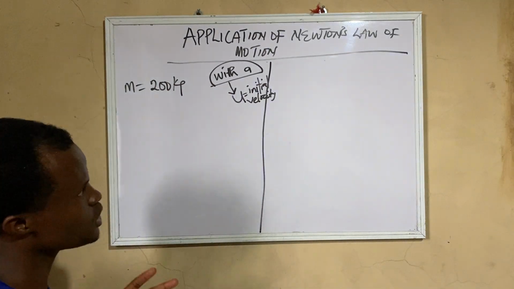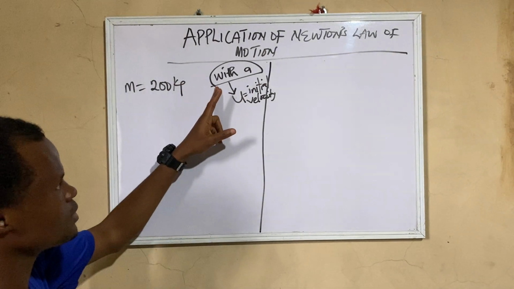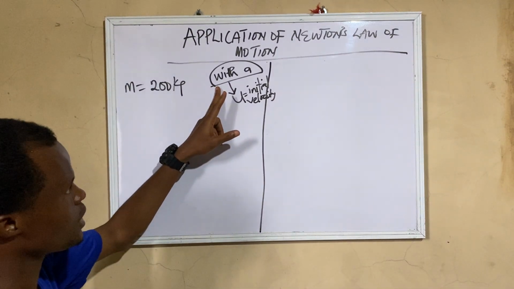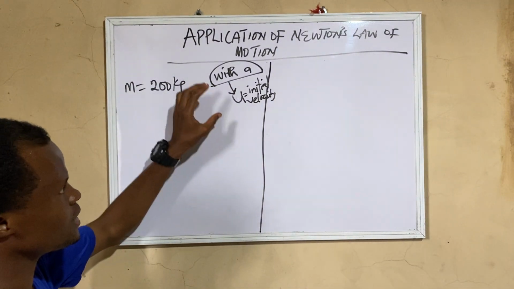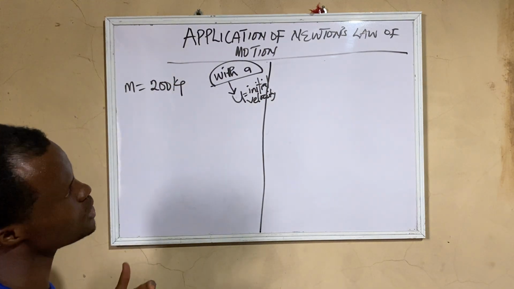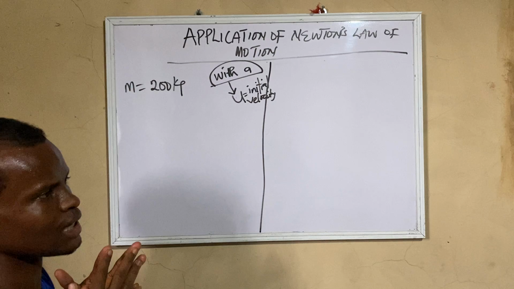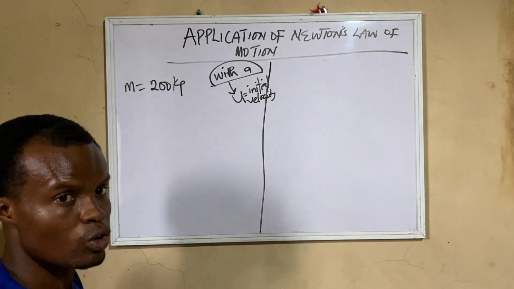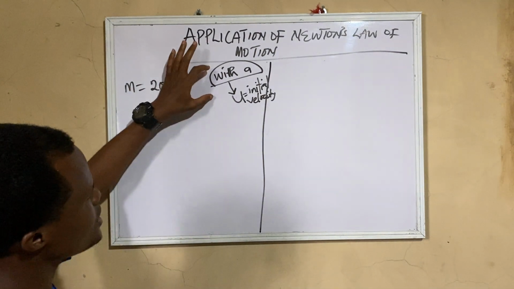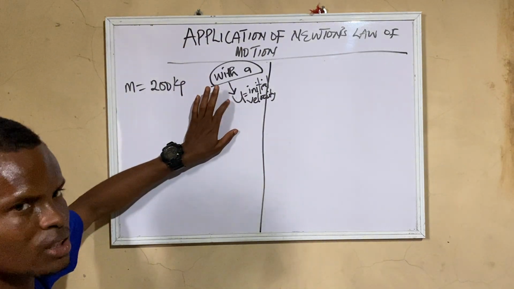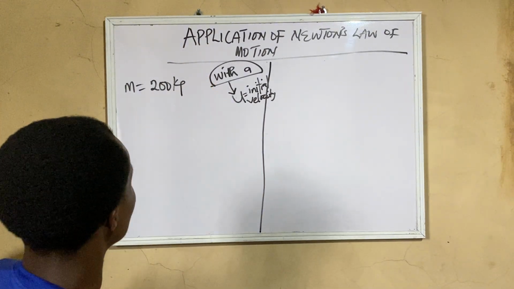In physics, most especially, whenever you see a question under any topic that engages speed, velocity, distance, and the principles of motion, and you see the words "with a speed", it tells you what? Your u, which is your initial velocity.